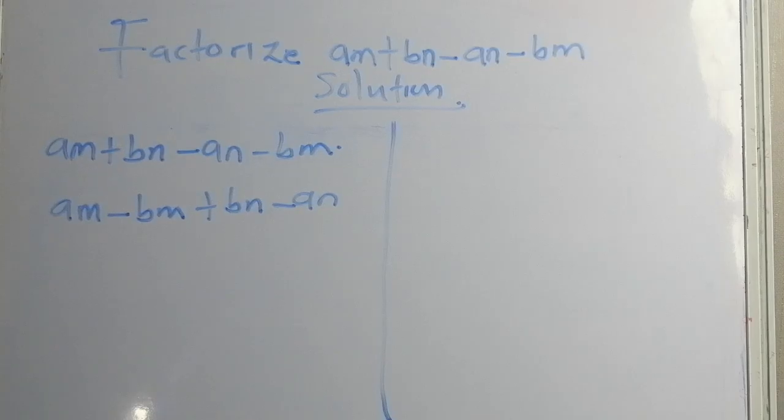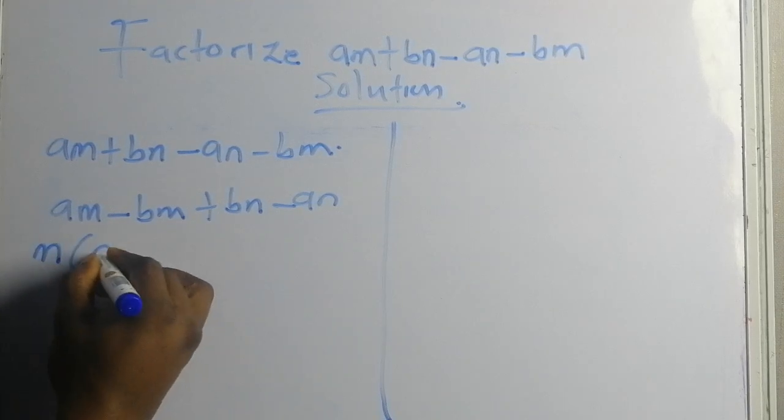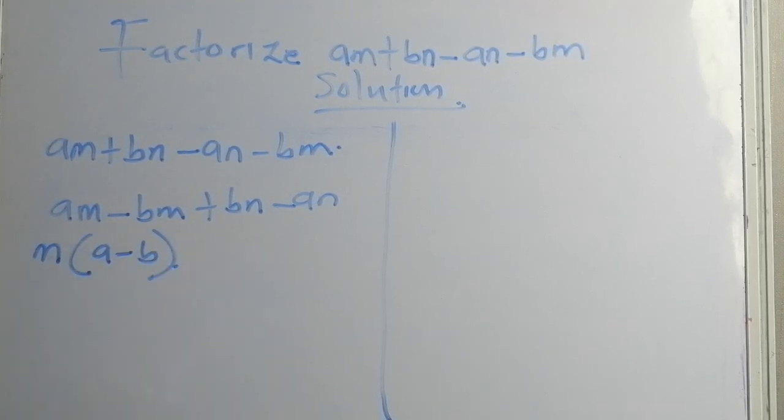I rearrange because I could see that m is common, and n is also common. So what can I do here? M is common, I'll bring m out, and it will remain a minus b. What am I doing? I'm factorizing. If you cannot touch base with this kind of question, please go through all the parts under factorization.